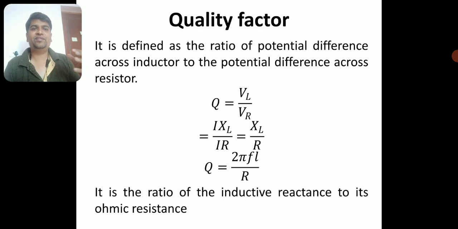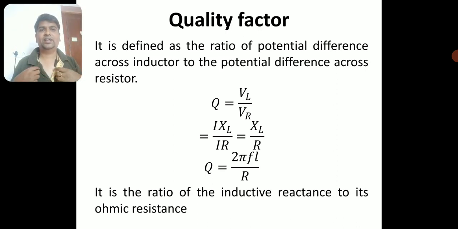I have left out this quality factor. It is 2 pi FL divided by R. It is the ratio of inductive reactance to the ohmic resistance. This way also we can define a quality factor. Ratio of inductive reactance to its ohmic resistance, or it is the ratio of potential difference across inductor to the potential difference across the resistor.